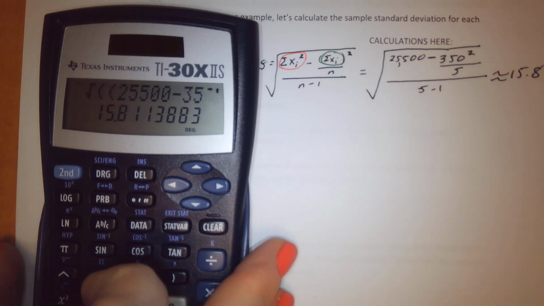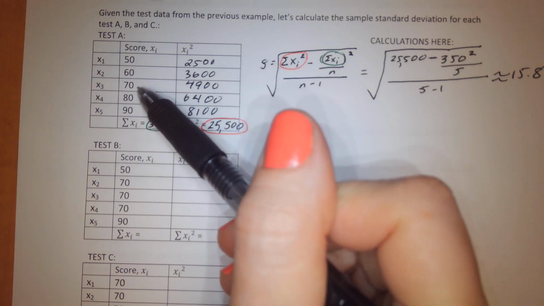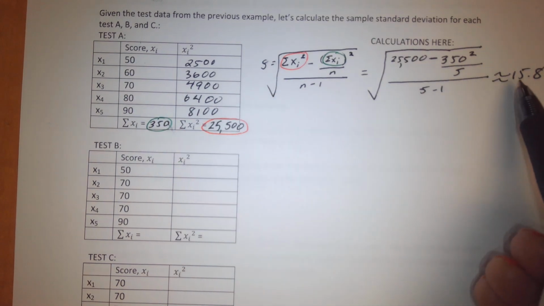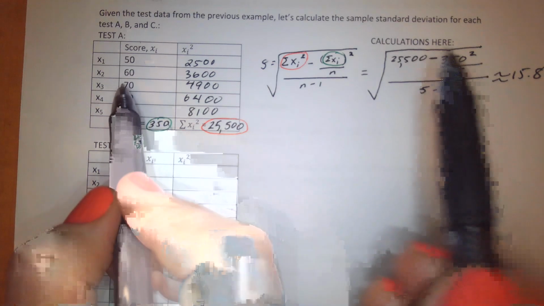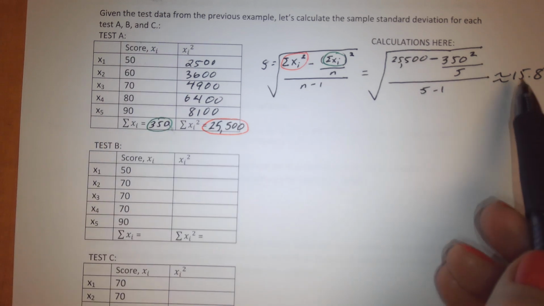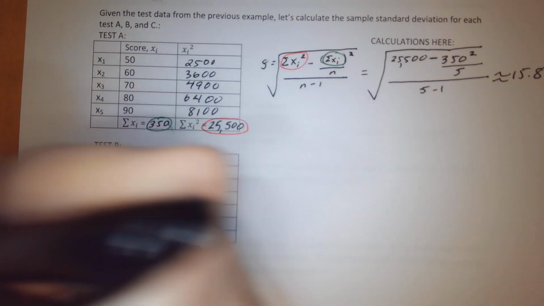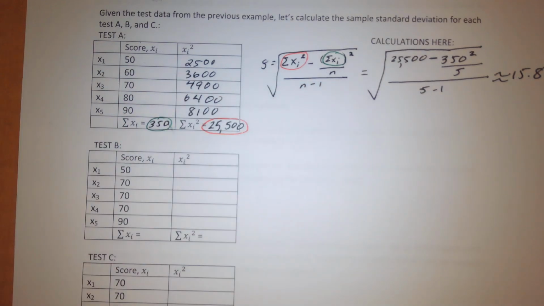And what that means is that each of these individual values are approximately 15.8 away from the mean. So if this is my mean, 70, all of the other values are an average of 15.8 away from the mean. So it's taking the average of all of the deviations away from the middle of the graph.